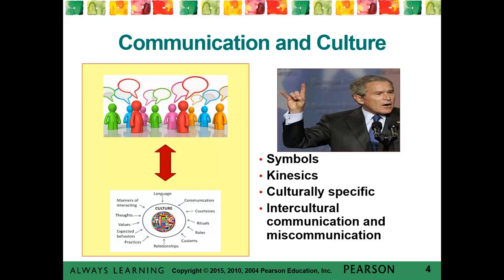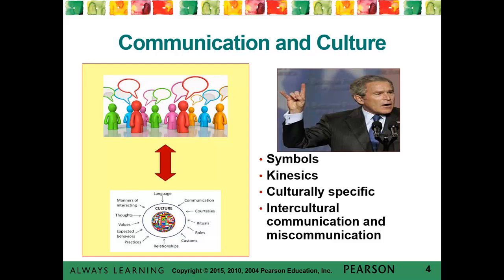He gives us the example of President George W. Bush. He's a native of Texas, and he made a hook'em horns gesture that is well known among University of Texas fans. But unfortunately, the gesture is culturally specific and carries different meanings in other regions of the world.